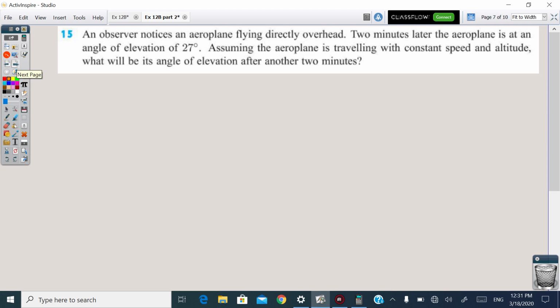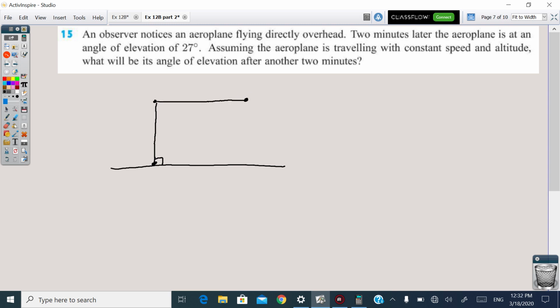So here we have an observer, obviously standing on flat earth. Let's say he's here. Notices a plane flying directly overhead. So that means that we have a perpendicular here because it's directly overhead. 2 minutes later, it's an angle of elevation of 27.